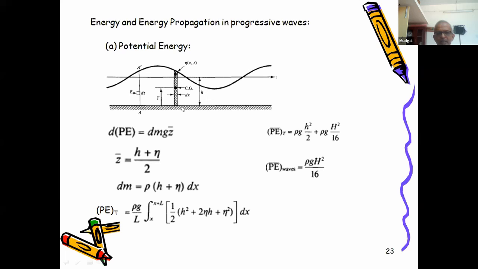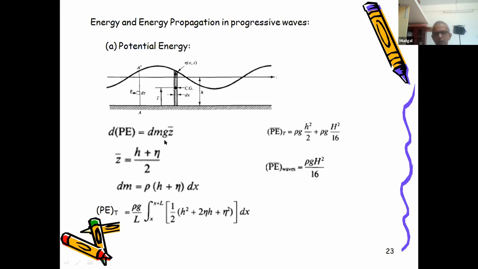Z bar is the distance of the centroid from the bottom, because the datum we are taking is the bottom. Then dm is nothing but the elemental mass, which is equal to rho into (h plus eta). So h plus eta is this column, into rho density, into dx into 1. So the volume would be (h plus eta) dx into 1, and volume times density is the mass.